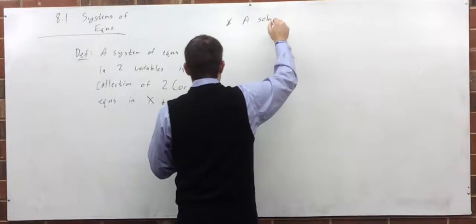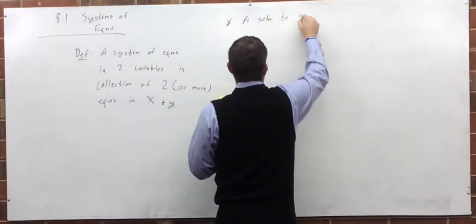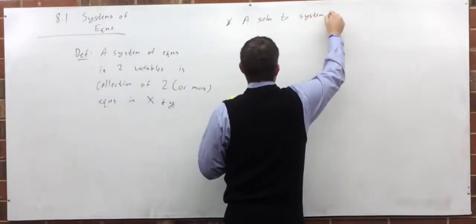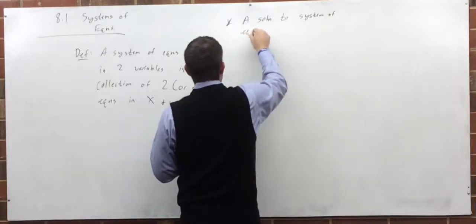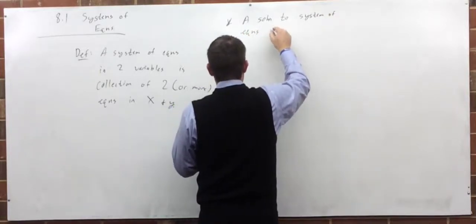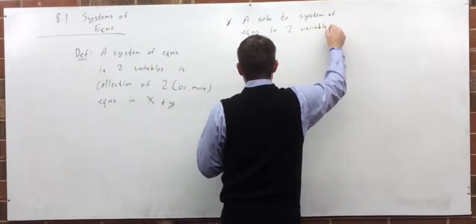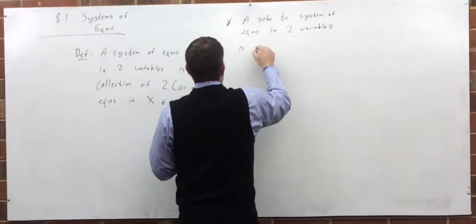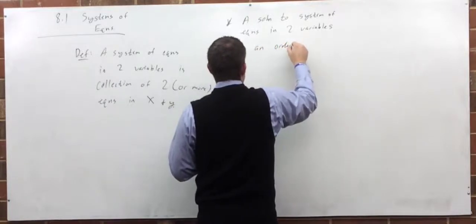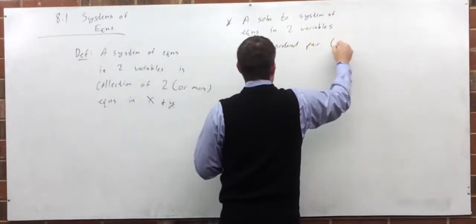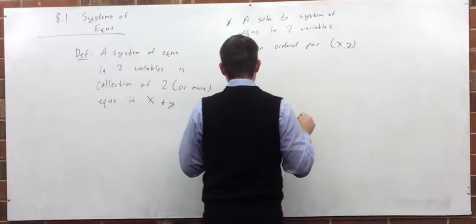A solution to a system of equations in two variables, so x and y, is an ordered pair, x comma y.